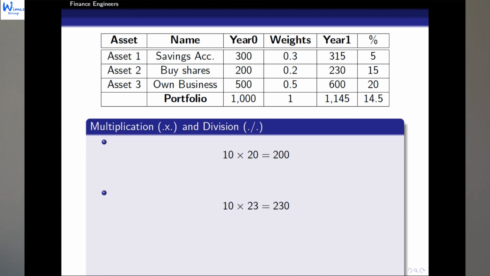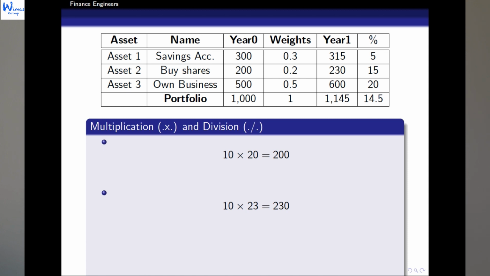For the division, I can give the example of how we computed the weight. We said that in each portfolio, we have different assets, and each asset has its corresponding weight.